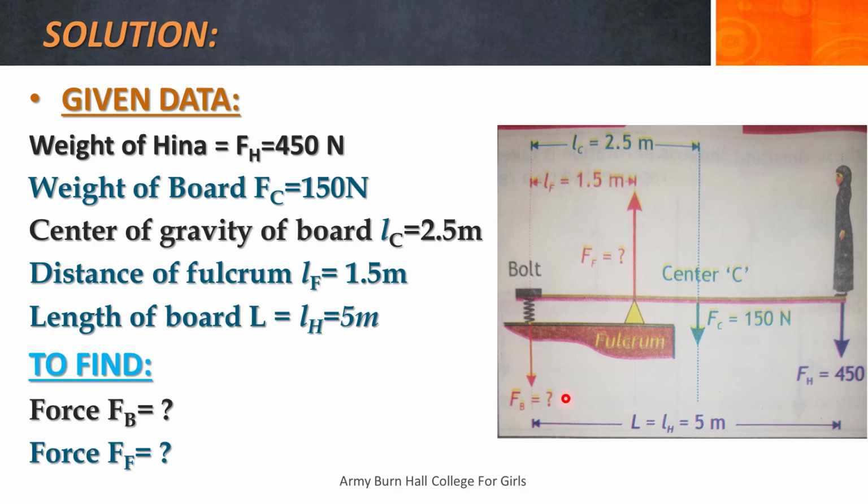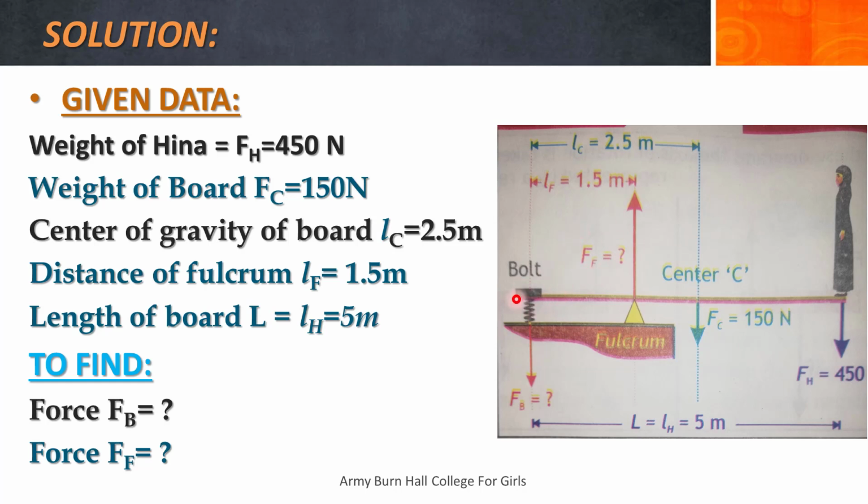So we will first apply the second condition of equilibrium by taking the axis of rotation at this point. Then this force will vanish, because its line of action passes through the axis of rotation. So we will find the torque due to all other forces and find the unknown force Ff.